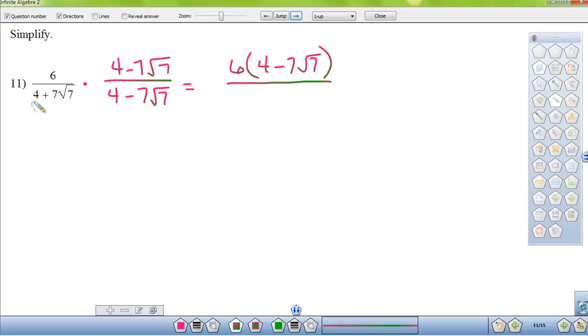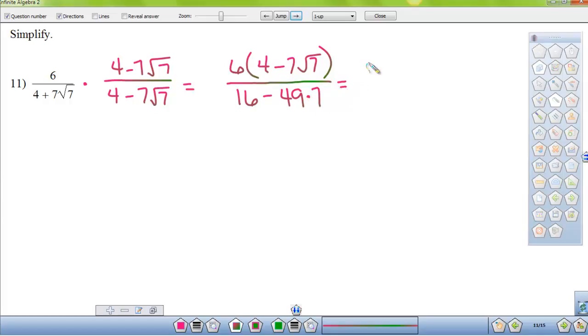So all we have to do is square the first terms and square the second terms, and we will have a simplification. So when we square 4, we get 16. Then when we square 7 times the square root of 7, we get 49 times the square root of 49. And we're going to switch that square root of 49 out for 7.